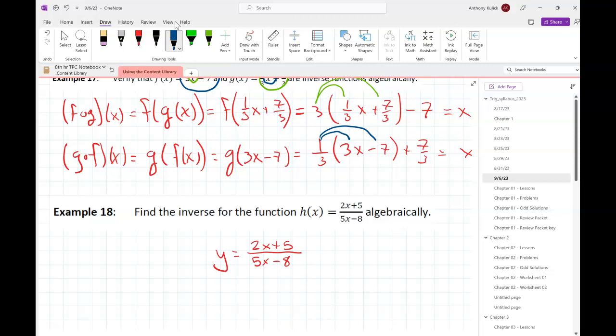What should I do to start that process? What do we think? I would start by just getting rid of the fraction. How would I do that? Great, multiply both sides by 5x minus 8, the denominator, right?